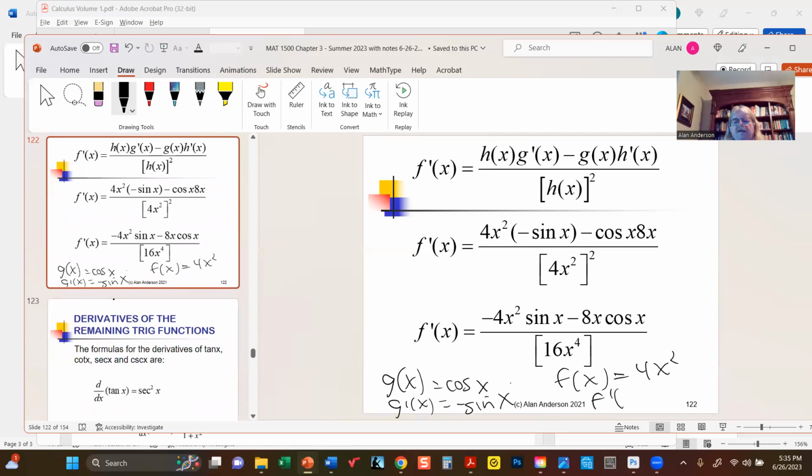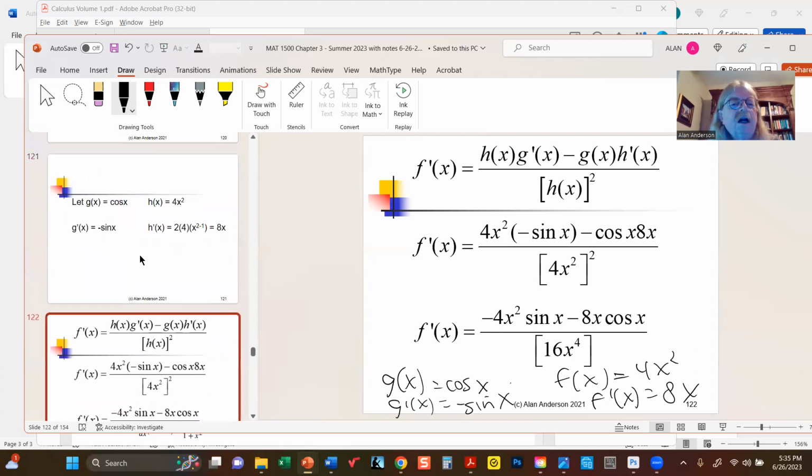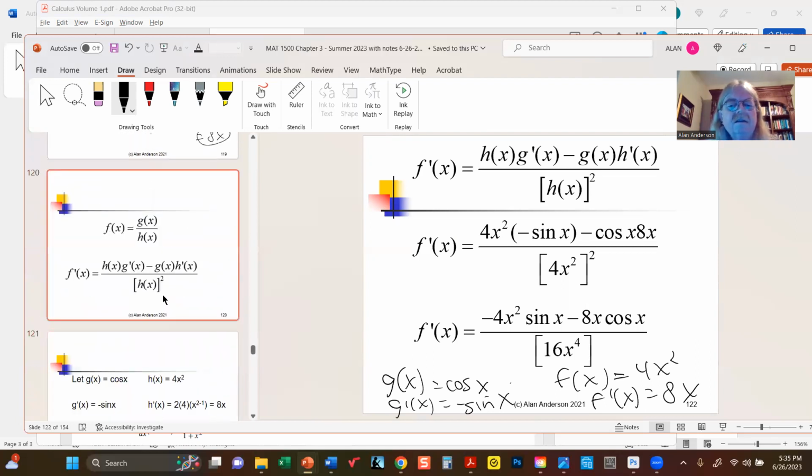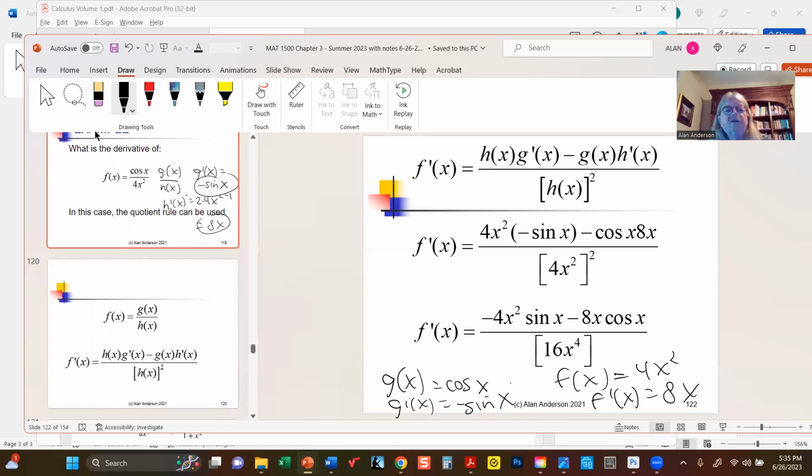And f prime of x is 8x. So you can see that we've plugged everything in. Oh, wait a minute, hold on. I just realized I've mislabeled it. These should be h's over here.